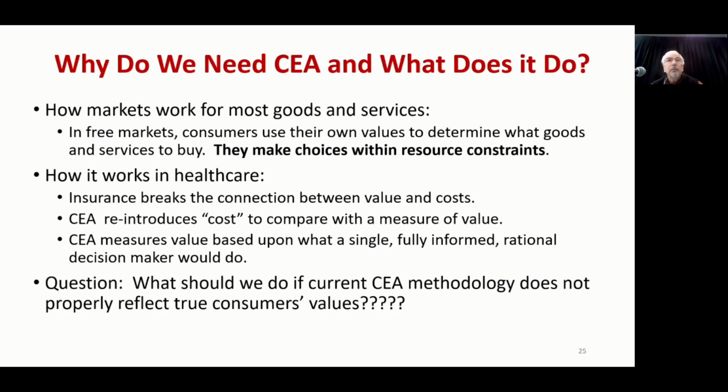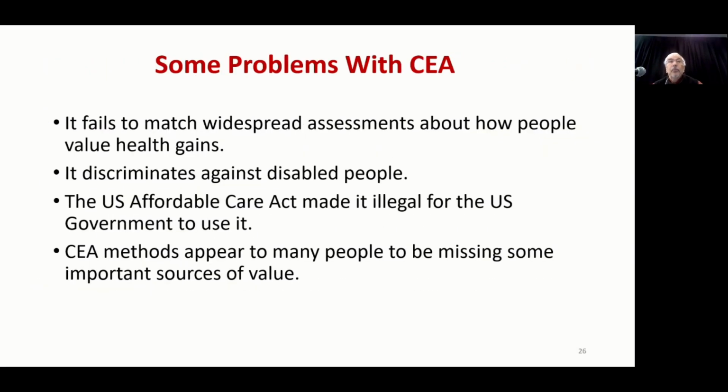But I also now want to raise the question: what happens if the model of value that's embedded in the cost effectiveness analysis doesn't really reflect consumers' true preferences? How do we get consumers' real value structures into it? Now, there are some well-known problems with cost effectiveness analysis. We know that it fails to match a lot of measures of value. People value treatment of more severe illnesses more heavily.